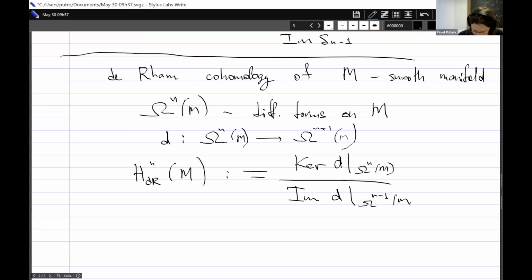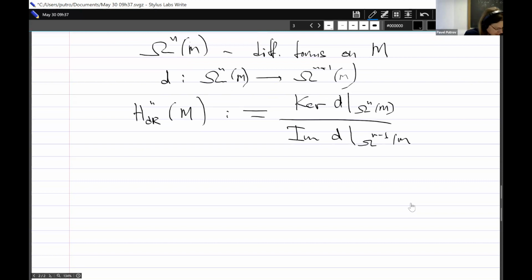And so these cohomology groups have a relation with the singular cohomology groups due to de Rham's theorem, which states the following.